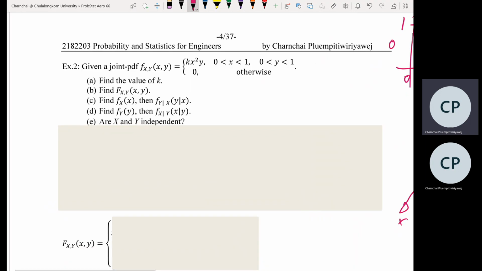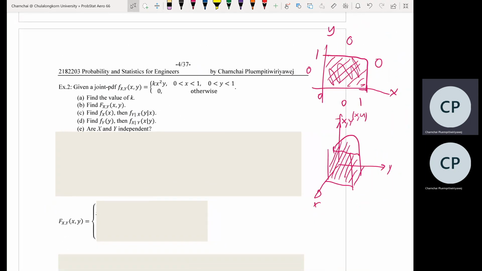Anyway, so basically this is what we need to do. We do a double integral of f of x,y dx dy. From where to where? Negative infinity to infinity.